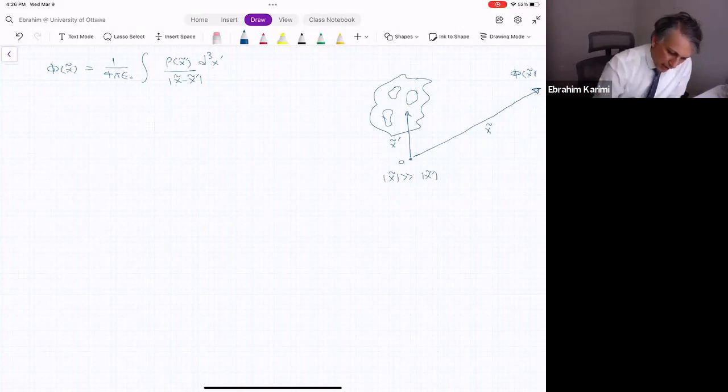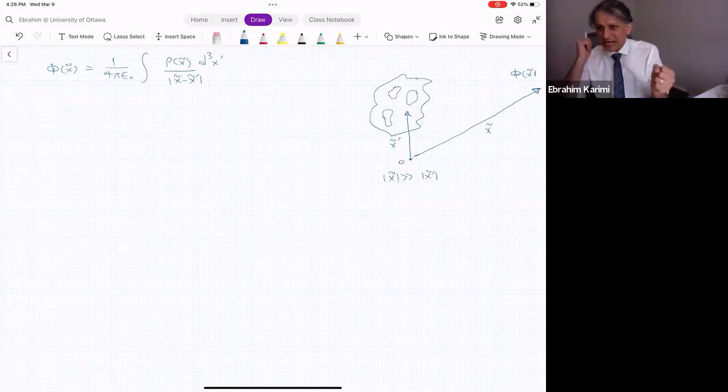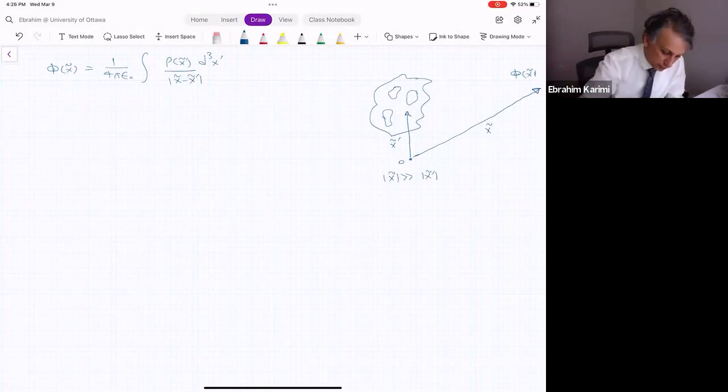And the rho of X prime, we cannot do any approximation on that. The only term that we can consider, and give a fight between X and X prime, is the denominator.